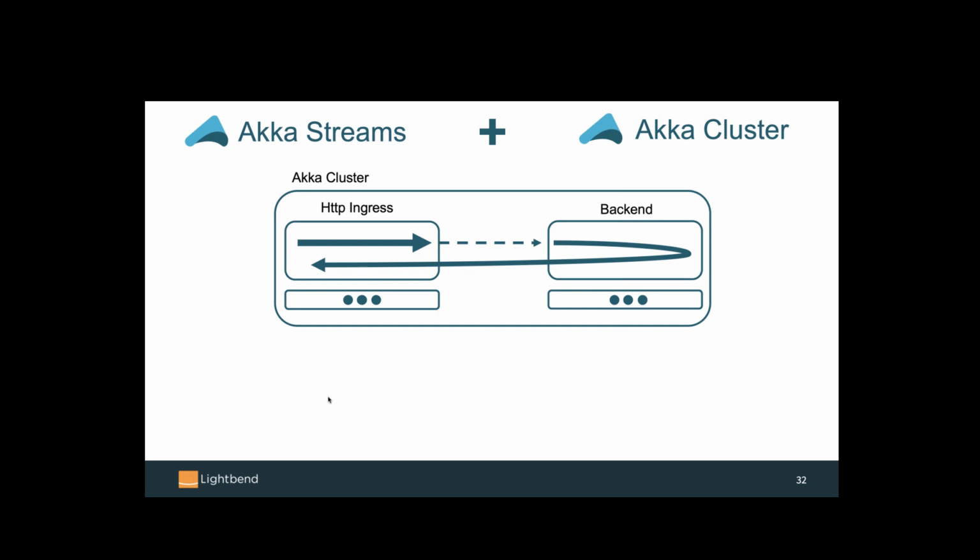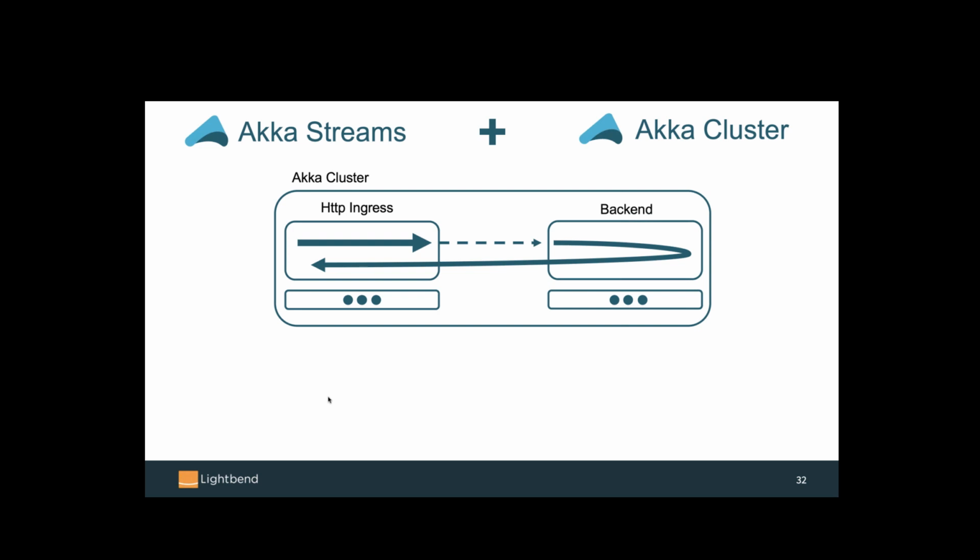And so we can start introducing, let's say, another thing that Akka clustering gives you the ability to do, which is actually assigning nodes specific roles. And in those roles, they'll do specifically different things. So let's say we have an HTTP ingress node role and then a backend node role. The backend node role does a lot of processing. The ingress really just accepts elements and then makes sure they're processed correctly.